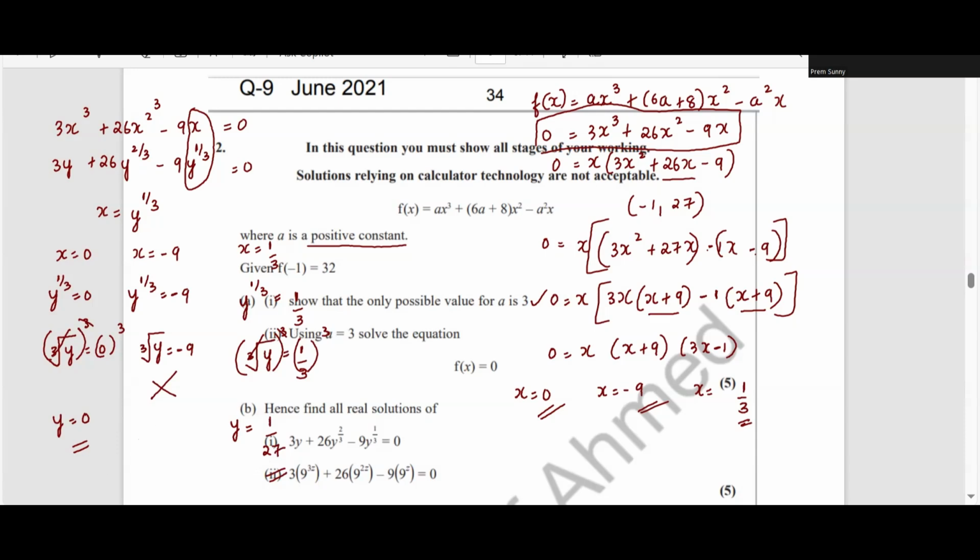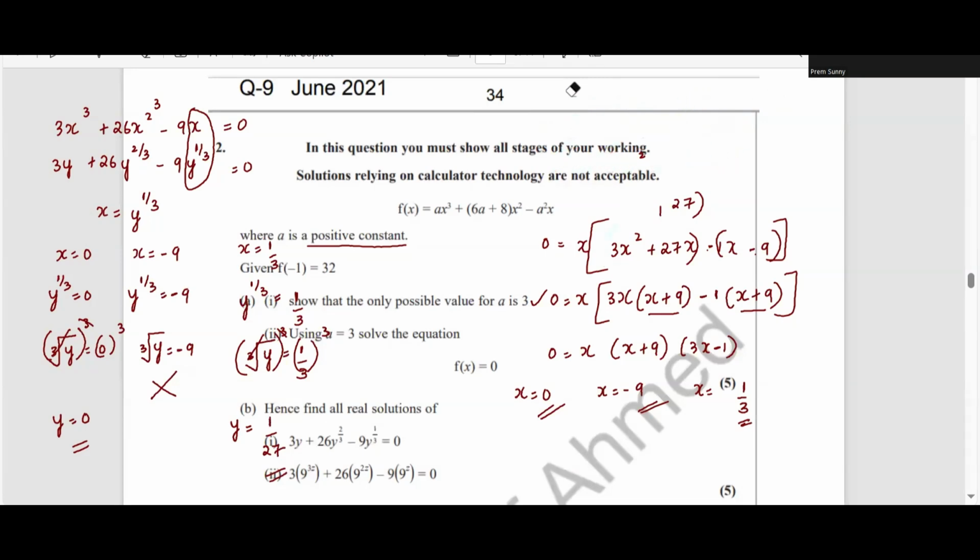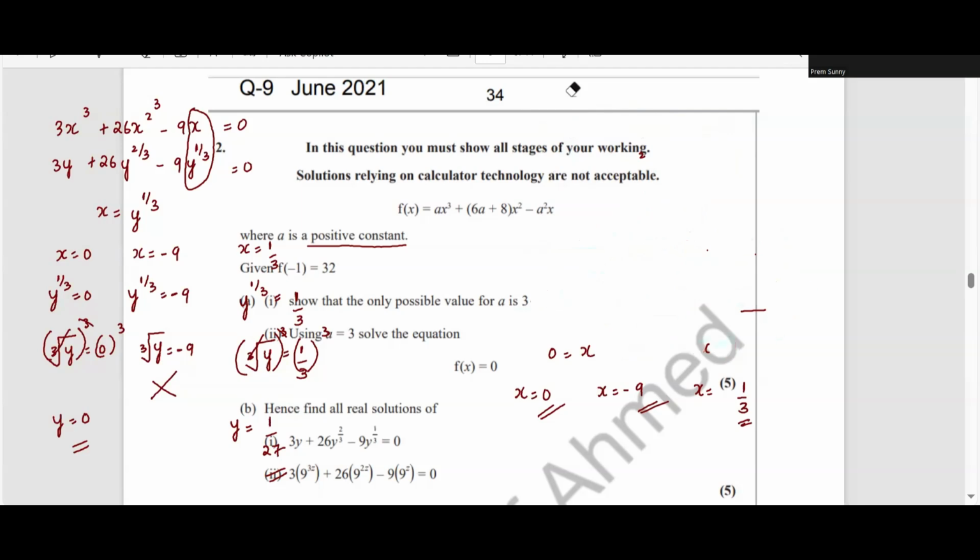And then for the second subdivision, we have to do the exact same thing here. So for the second subdivision, let me erase this first. We have to write down the original equation. The original equation was 3x cube plus 26x square minus 9x is equal to 0.